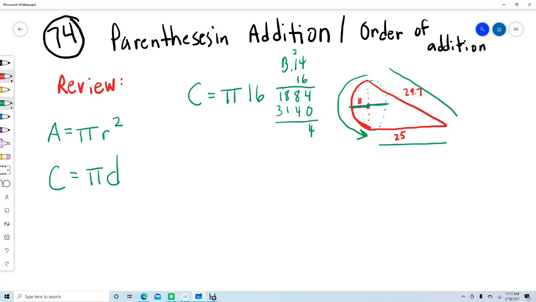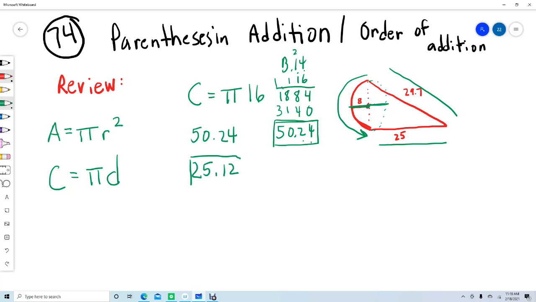Let's add that up. 4, 2, 1. And we have 2 decimal places, so I need 1, 2 in my answer. Okay. So the circumference of the full circle is 50.24. Actually, I want to divide that in half, and it's just 25.12.